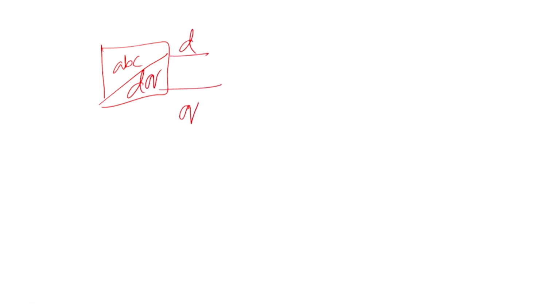Let us go back to the whiteboard. So, let us take a DQ solution. You have ABC to DQ, and ultimately you have the D component and the Q component, and you put in a low pass filter.